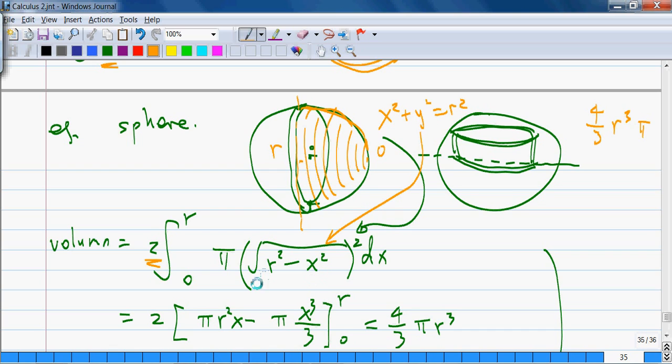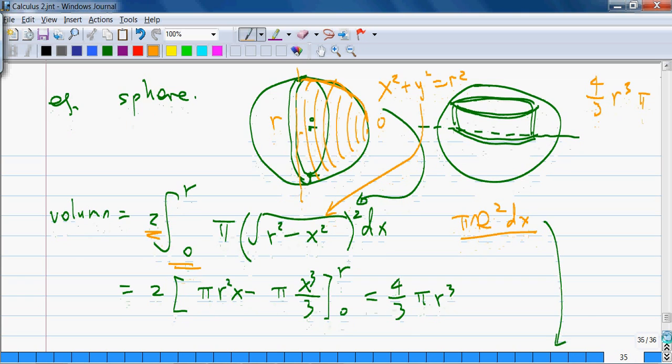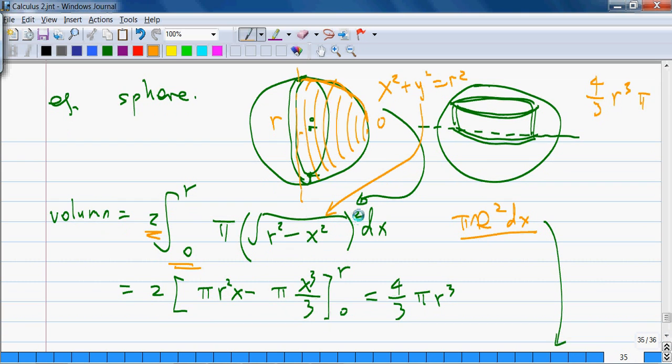When you integrate this, you get pi times r squared minus x squared, multiplied by dx, as the volume of each disk, and then you do the integral, integrating from radius 0 to radius r. This integration is very easy because the square root and the square cancel out. So you are just integrating a polynomial, and this is 2 times this, and you get this answer, which is what you should have.